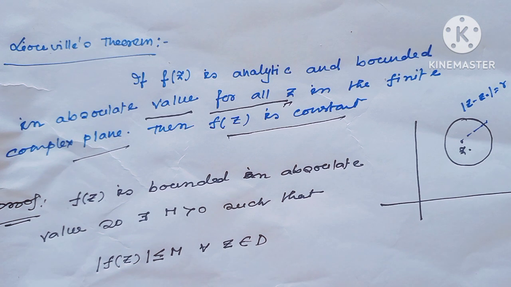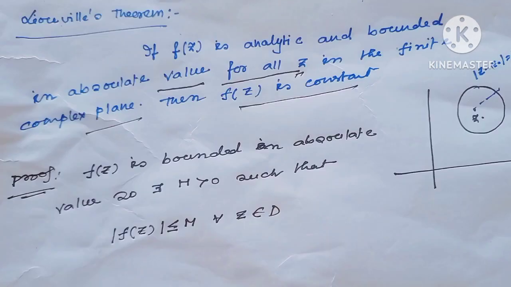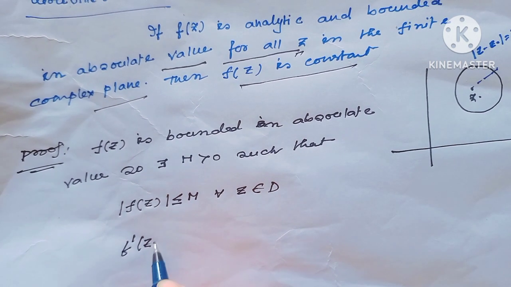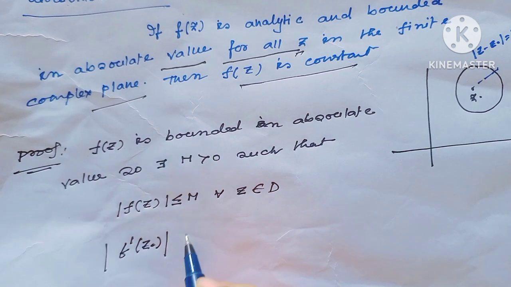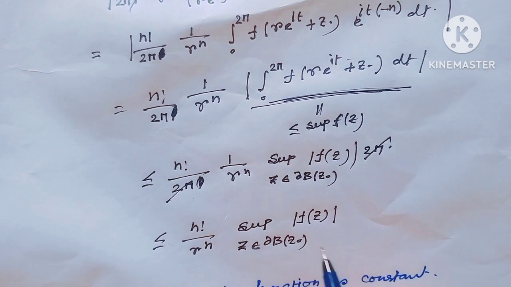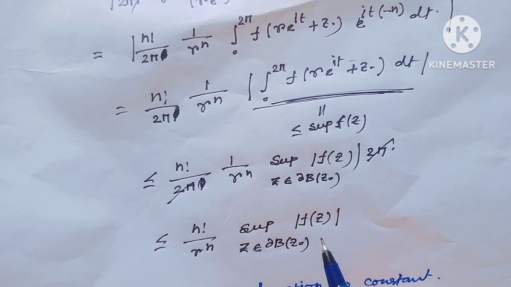Since function f(z) is analytic, we can apply Cauchy's estimate formula. Therefore, by Cauchy's estimate formula, the absolute value of f prime z naught is less than or equal to n factorial over r to the power n, times the supremum of the absolute value of the function f(z) for z on the boundary around z naught.